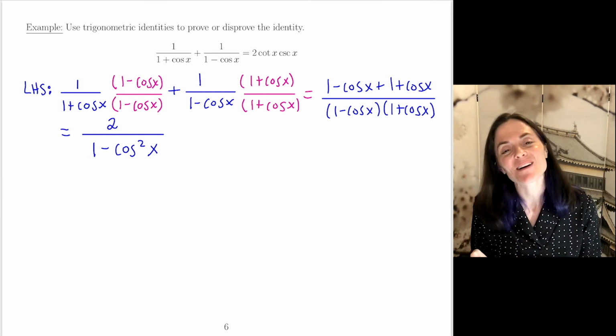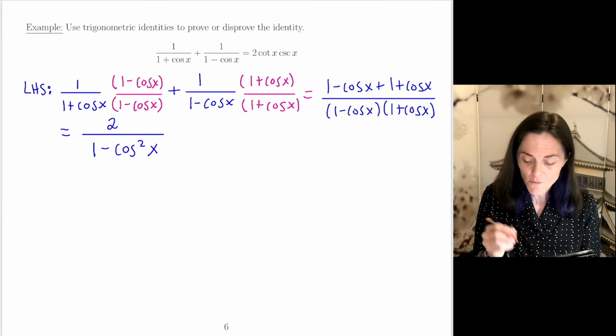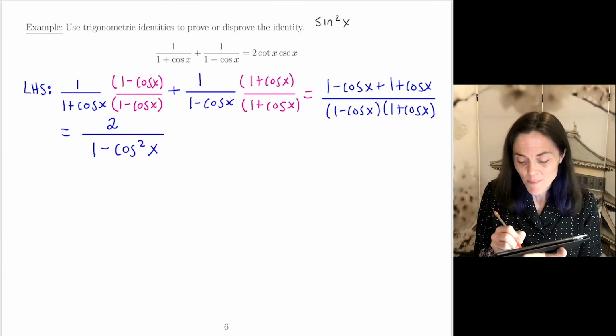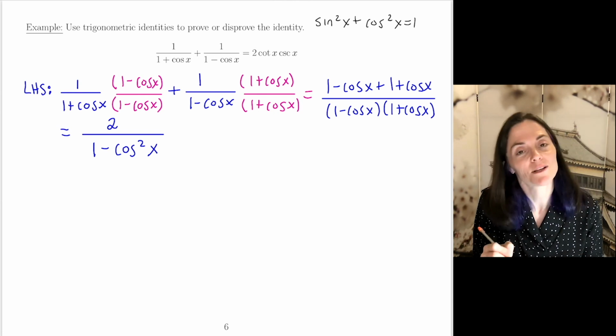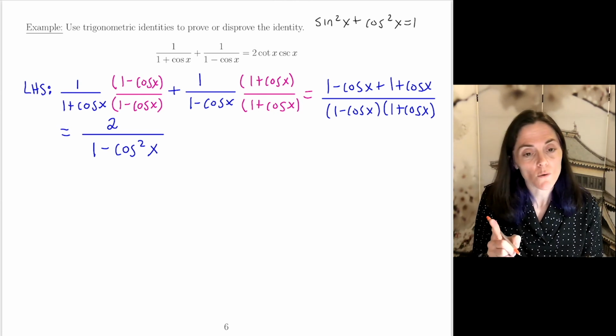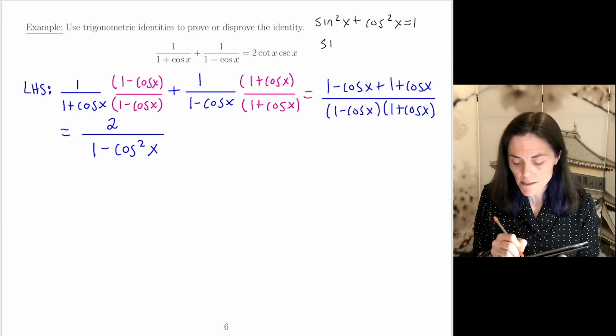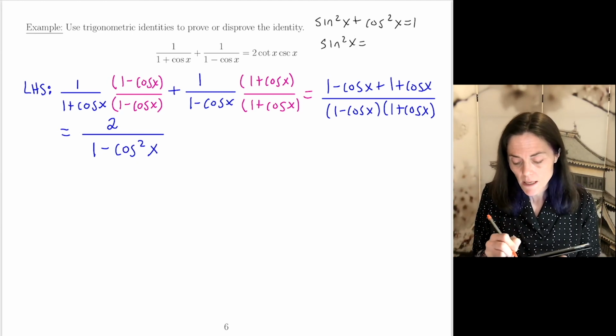Now I can take one more step, because maybe I'll write it small here at the top. Recall we have sine squared plus cosine squared is 1. This is our most important trigonometric identity. So if I subtract cosine squared from both sides, I have sine squared x is 1 minus cosine squared x.